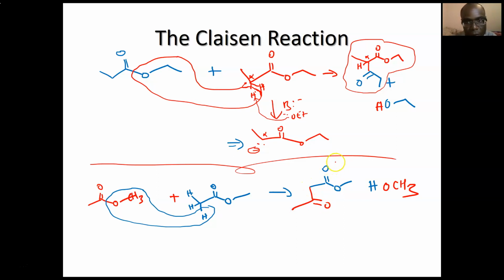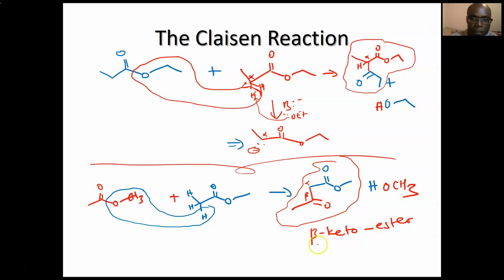Like that. This time this will be our product, a keto ester called beta keto ester, because this is the alpha carbon, that's the beta carbon, the ketone is on the beta carbon, and that's your Claisen product. So at least you now have a feel on how to predict products.